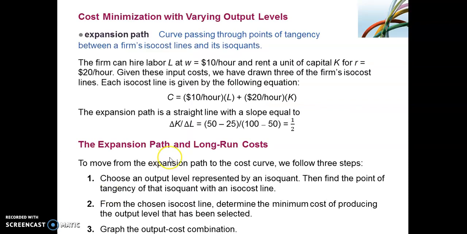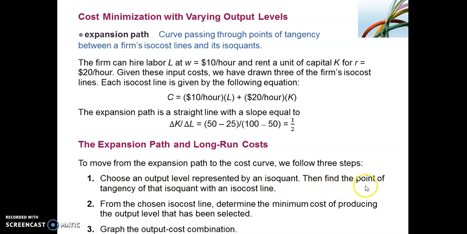So the following three steps need to be followed in order to derive your long run total cost curve. So the first step is, if you want to move from your expansion path, which is that curve that went through points A, B, and C, to your cost curve, the first thing you need to do is choose an output level represented by an isoquant, right?